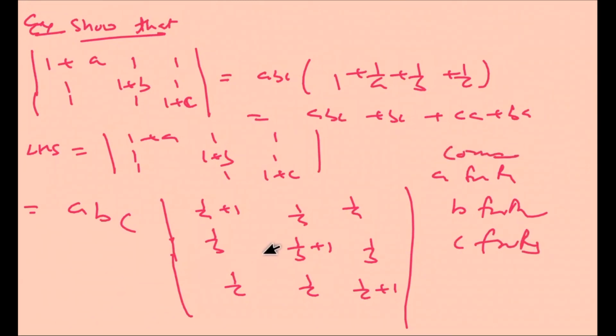Now we can say, 1 plus 1 upon a plus 1 upon b plus 1 upon c. So we can change R1 to R1 plus R2 plus R3, using the last property I have read. This one you can write if you want; if you don't, no problem.